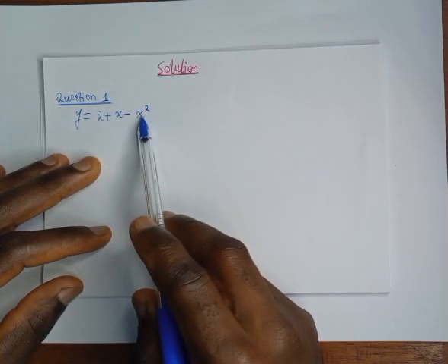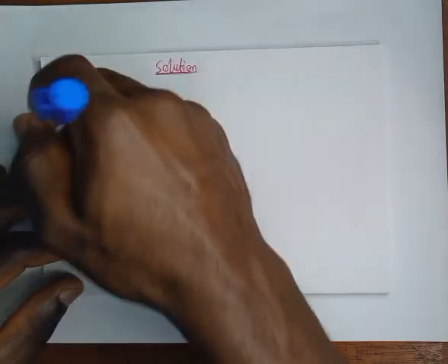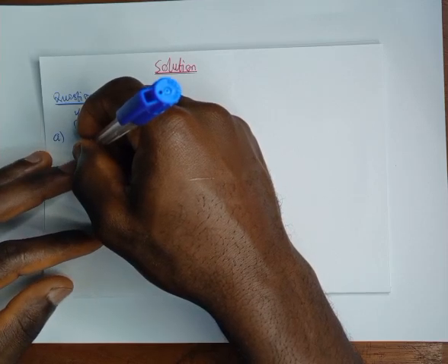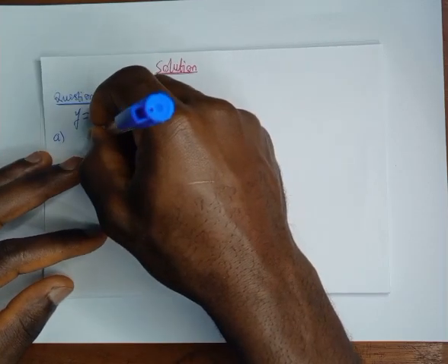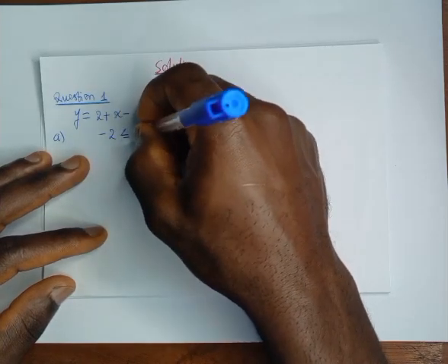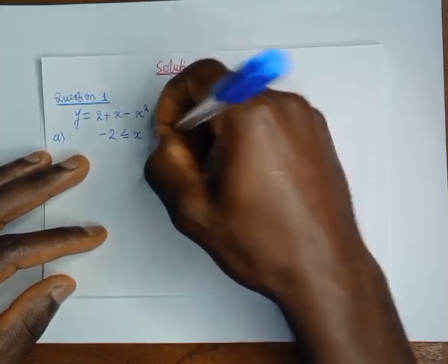Y is in terms of x. Now question A says we should construct a table of values of y for negative 2 less than or equal to x less than or equal to 3.